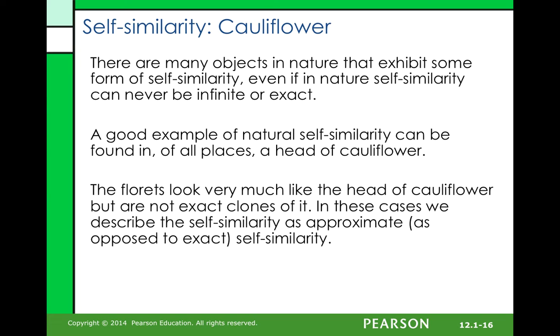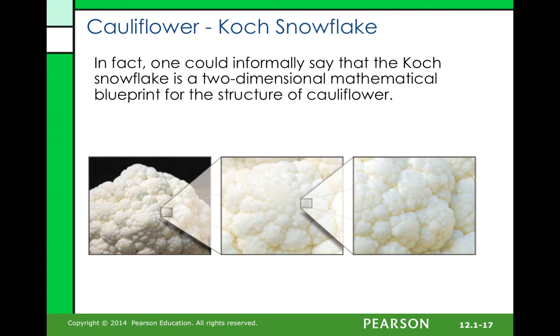But there are certain things in nature like cauliflower florets where you look at them and here's a big picture of it zoomed out, and then when you zoom in, you see basically the same thing. So as you zoom in or zoom out, you're basically seeing the same little pattern, right? This little floret pattern. So one can informally say that the Koch snowflake is a two-dimensional mathematical blueprint for the structure of things like cauliflowers.